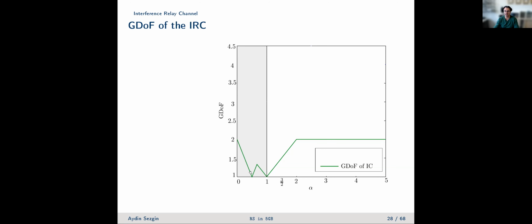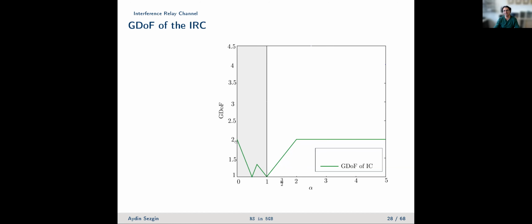So what we get is this very famous W curve. And alpha essentially is a parameter indicating the strength of the interference. Alpha equal to 0 means there's no interference. Alpha equal to 1 means that logarithmically the desired signal is as strong as the interference signal, or to put it in other words, the interference signal is as strong as the desired signal, and as alpha is getting larger than 1, the interference is getting higher and higher.